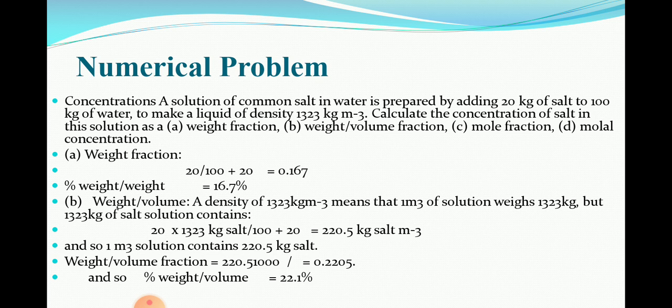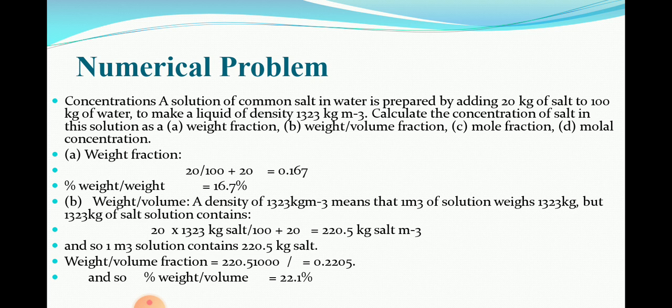Second, we want to calculate the weight upon volume fraction. In A, we wanted the percentage weight upon weight, which is equal to 16.7%. Next one is weight upon volume fraction.